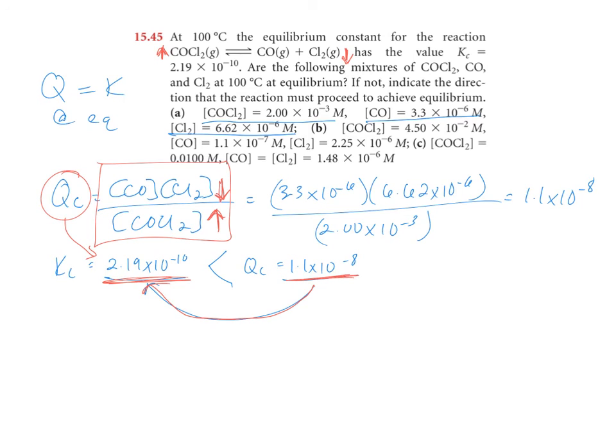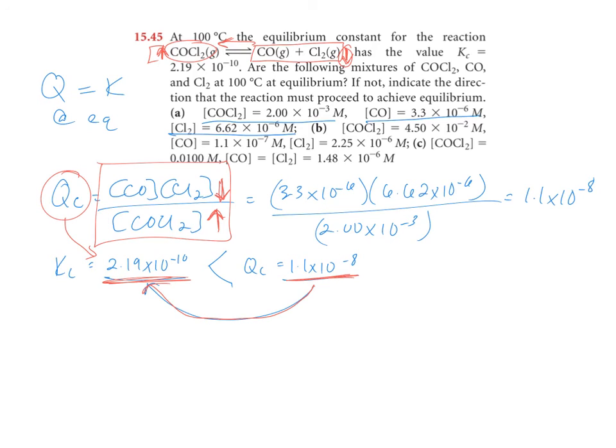In terms of forward and reverse reaction, that means that your products are going to collide together. As they collide together, they're going to use themselves up, which means they're going to decrease, and they're going to be forming more COCl2, which of course means that it's going to increase the concentration of COCl2.